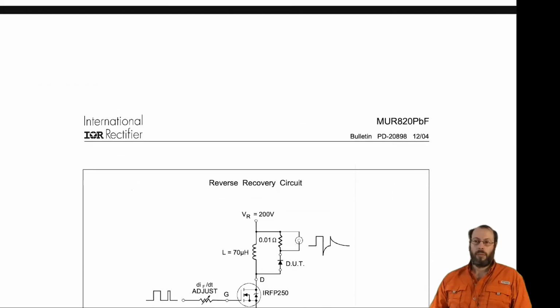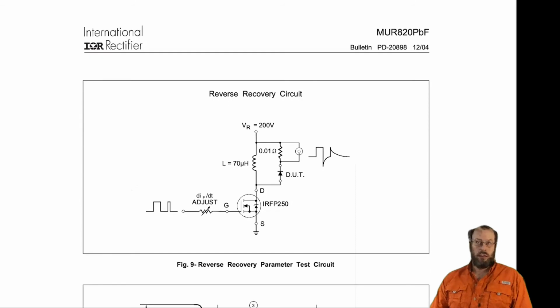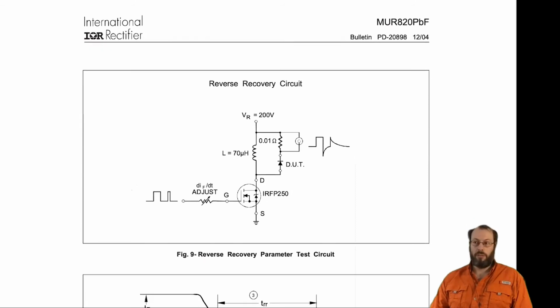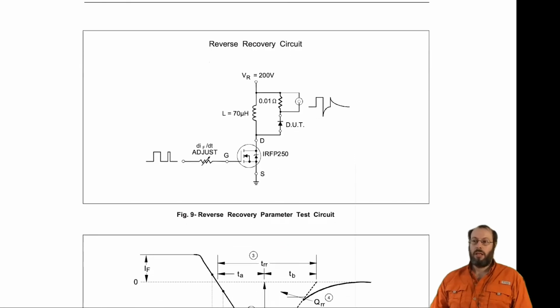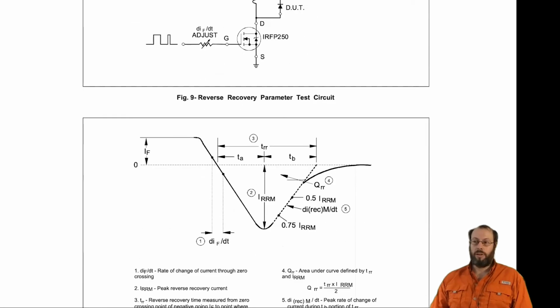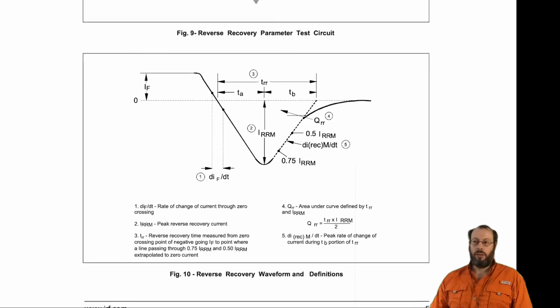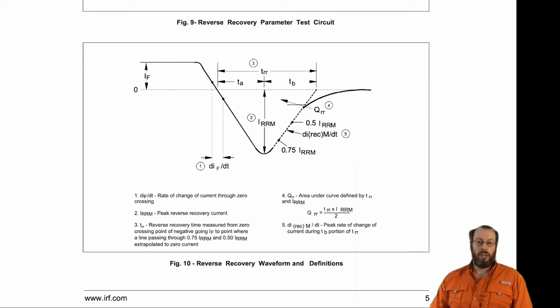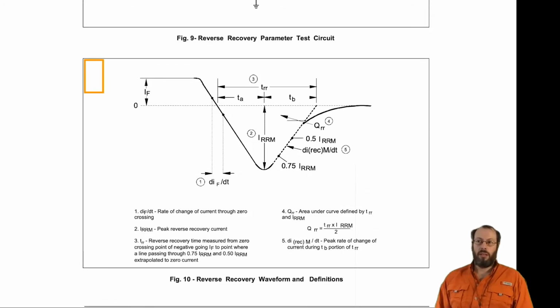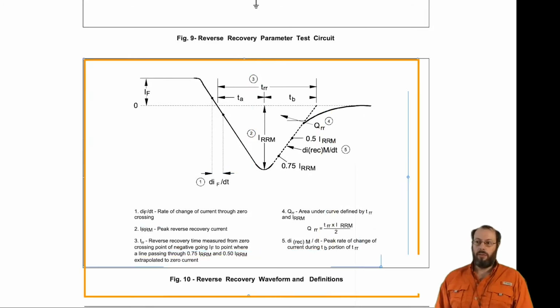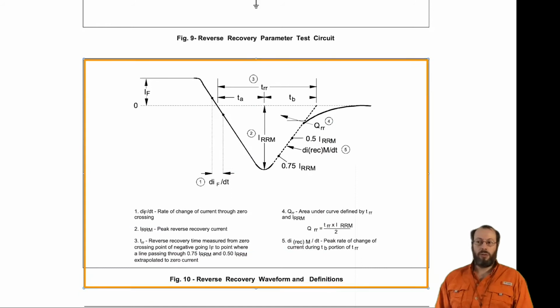On page 5, there is a test circuit on how the reverse recovery is actually characterized for this diode. I would like to have a specific look into the waveforms concerning the reverse recovery of a diode, represented in figure 10, which is called the reverse recovery waveform, the definitions.